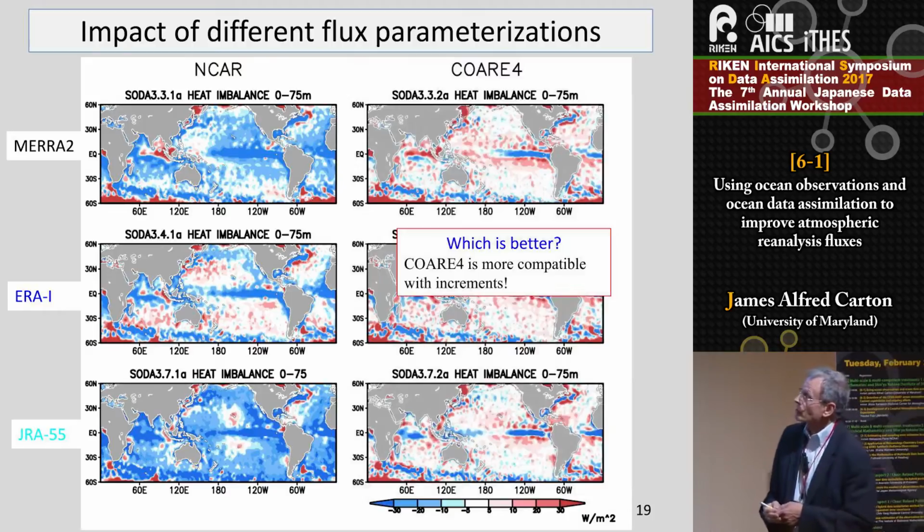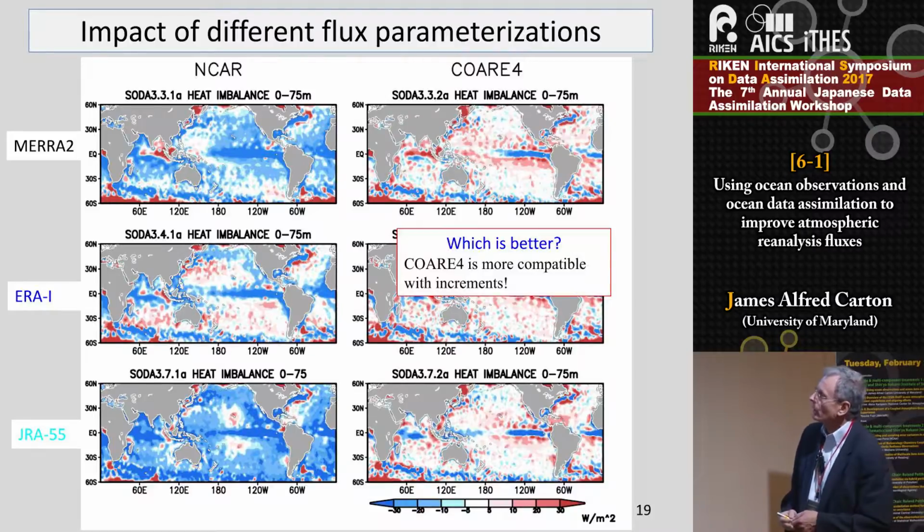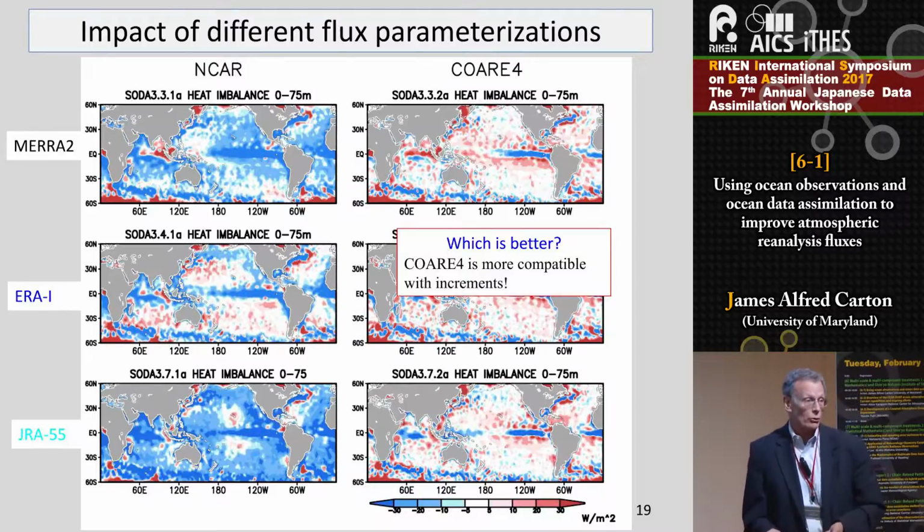On the right is exactly the same calculation, but implementing a different bulk formula. And again, there's quite a bit more white over here, suggesting that the Core 4 bulk formula is actually quite a bit more consistent with the ocean. So this gives us a mechanism for evaluating these bulk formulas.